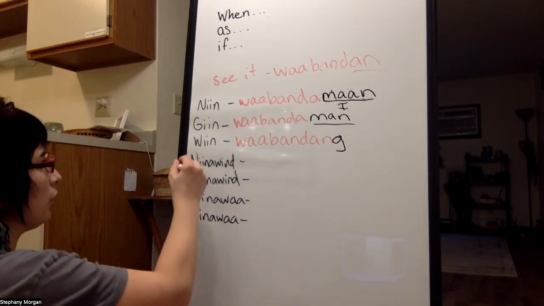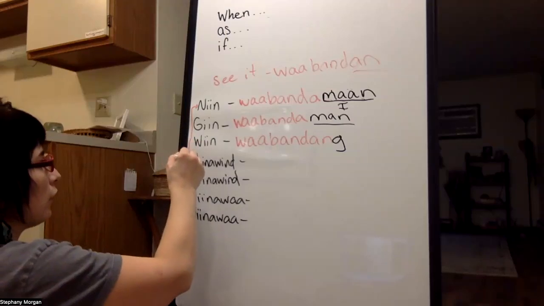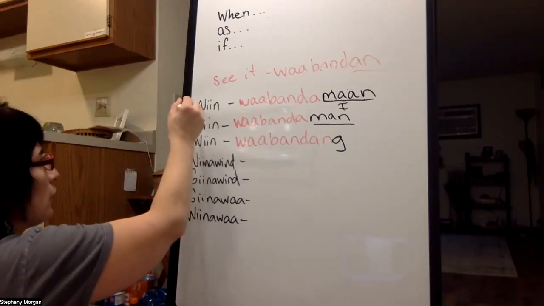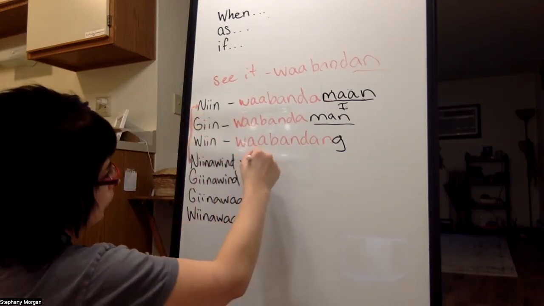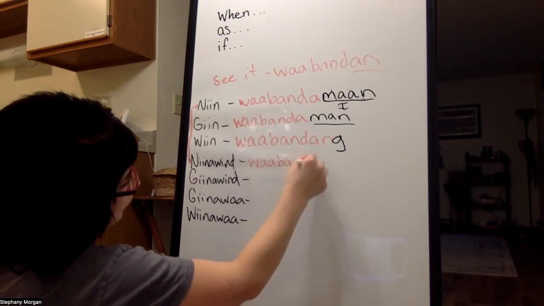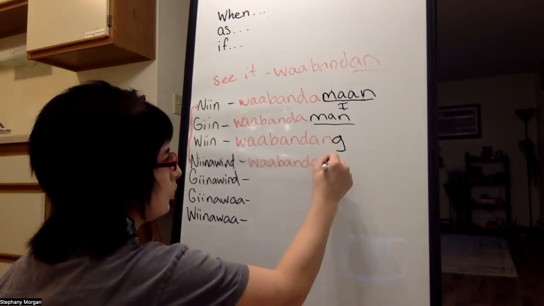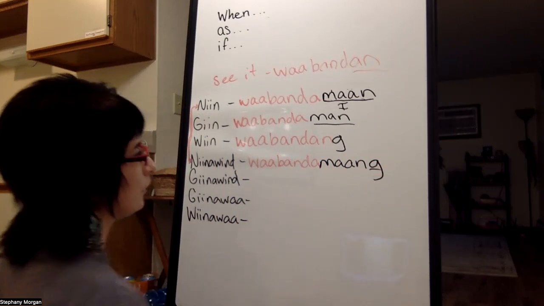I like the patterning here because it correlates with ween, which is us, but not geen. So wabandamang, and then you get a g on the end.